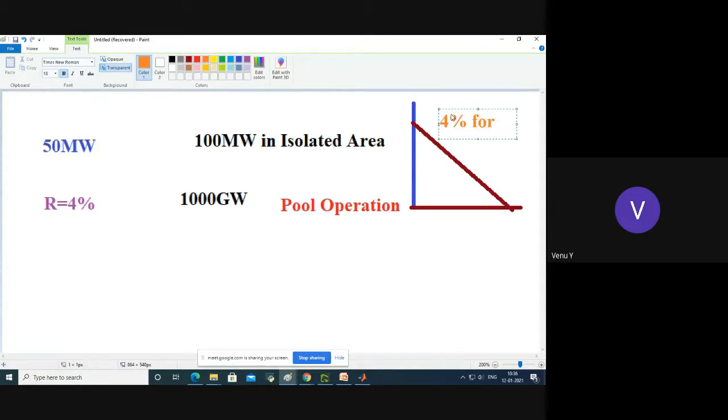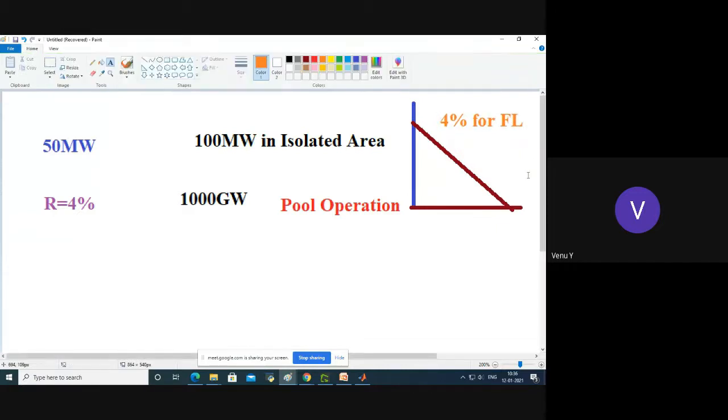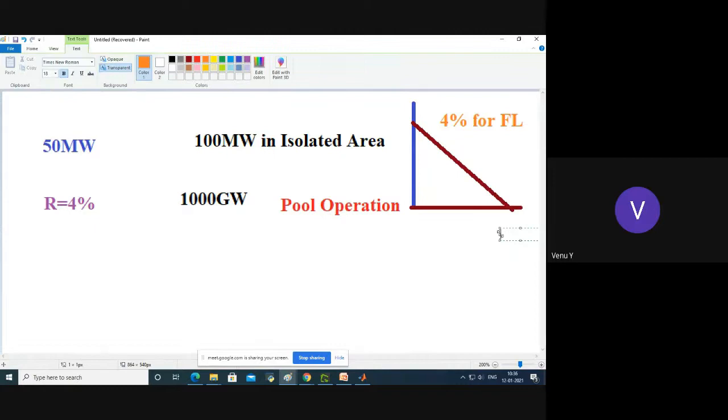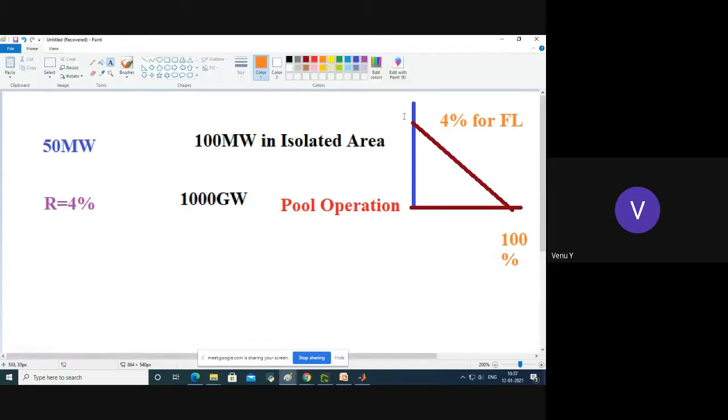For full load, it is 4% for full load. This is 100% load. Droop is 4%.